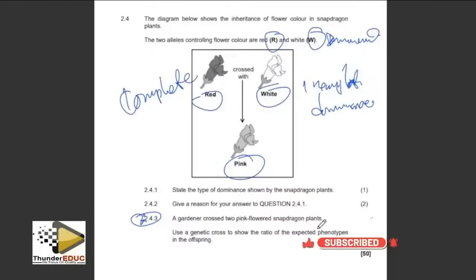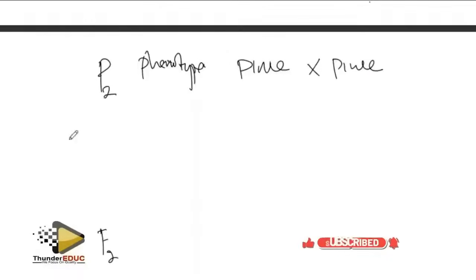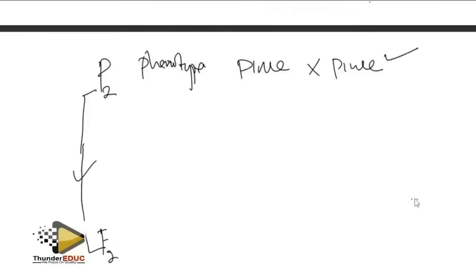It is always obtained from there. So it means I've got a tick here, a tick there, and also a tick there. So now 2 marks.